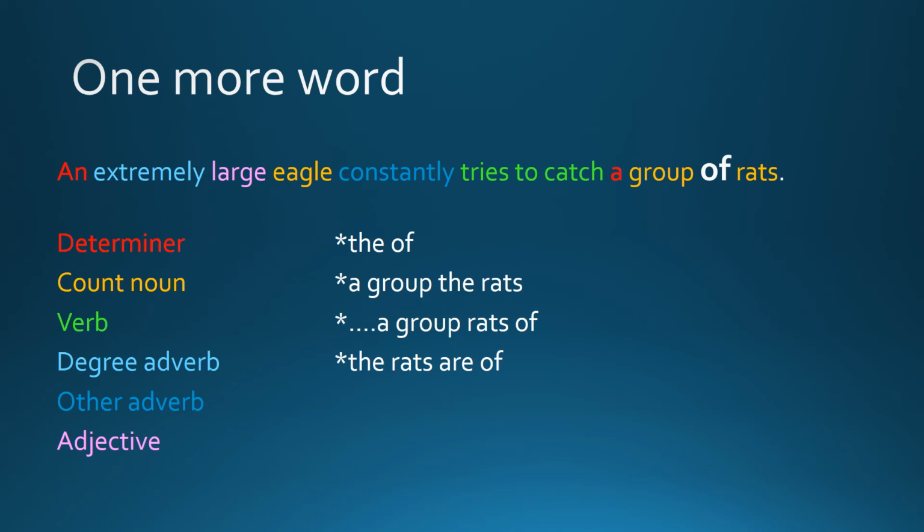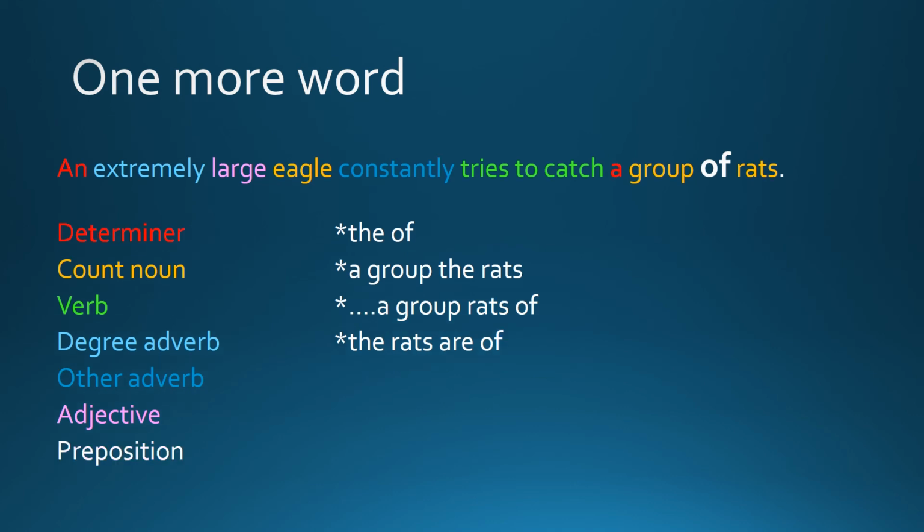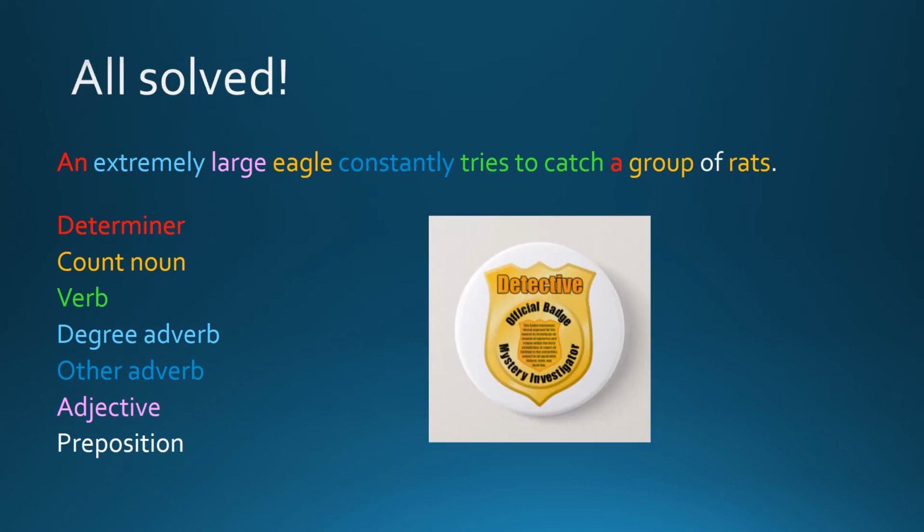And you can't say the rats are of, so it's not an adjective. So really everything points at it being a preposition. So there you have it. All solved. So we've worked out all the words using these steps. Now, you may sometimes have to use other steps, but this is a good starting point to work out the words in a sentence. Good luck.